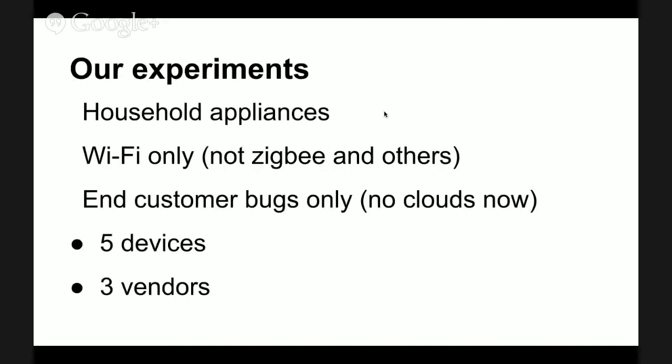So, what I'm talking about is research only on household appliances such as multi-cookers, teapots and others, not about IoT in the area of cars, vehicles and others. Just Wi-Fi devices, not Zigbee and other communication ways, not Bluetooth devices.